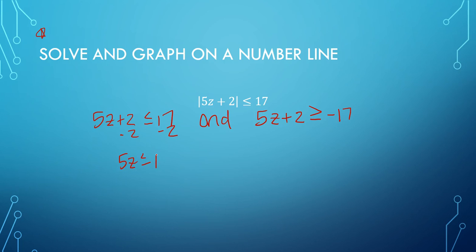So solving this, z is less than or equal to 3. Well, let's see, 19. 5 goes into 19 3 times. That's 15, so there'd be 4 left over. Alright, graph these.